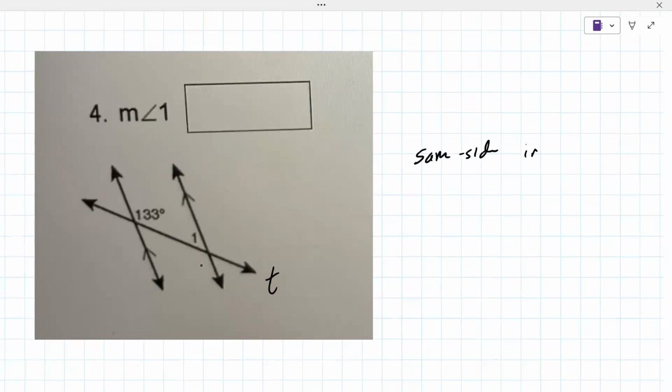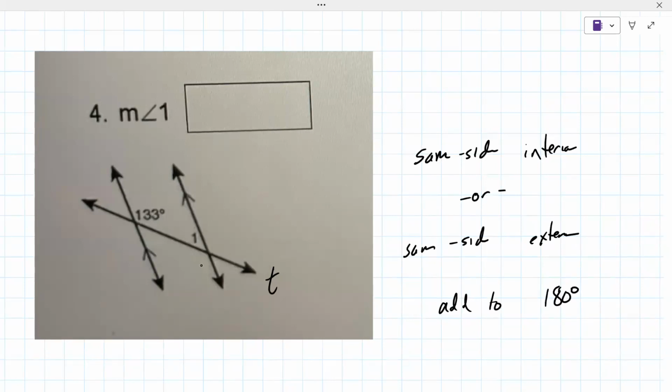Interior. Same side interior. If they are same side interior, or same side exterior, they add to 180 degrees, which means that they're not necessarily the same, but 133 plus this angle adds to 180 degrees.